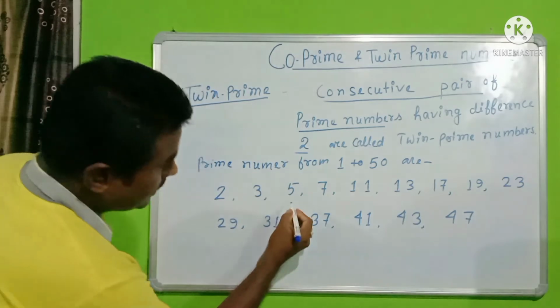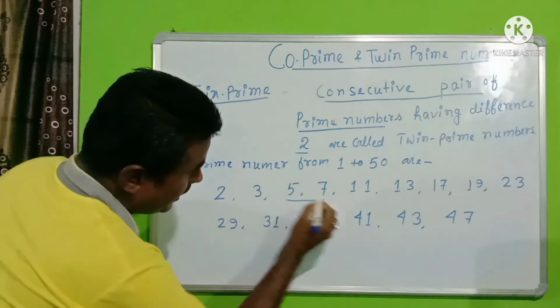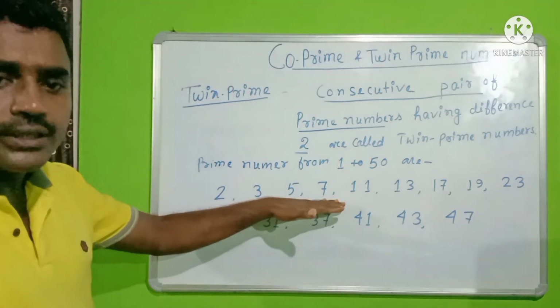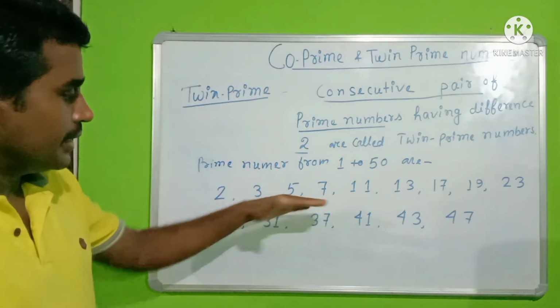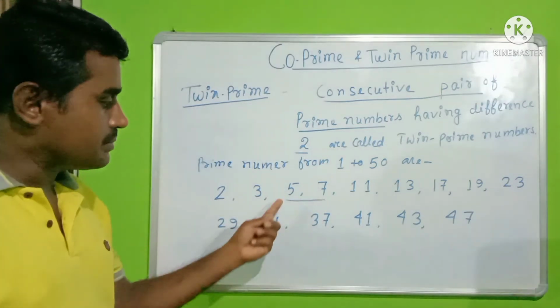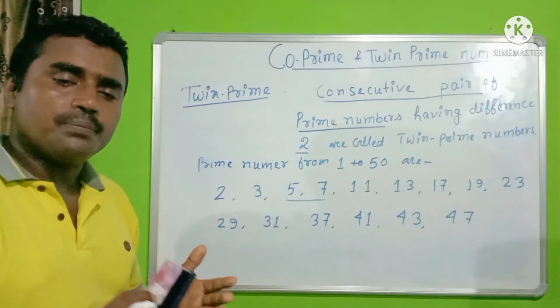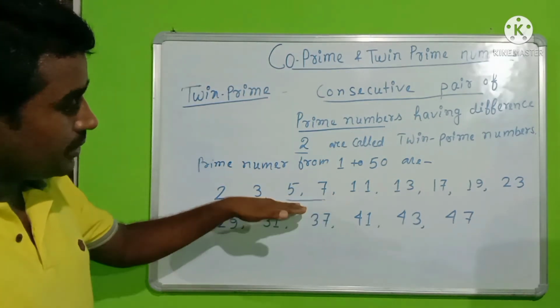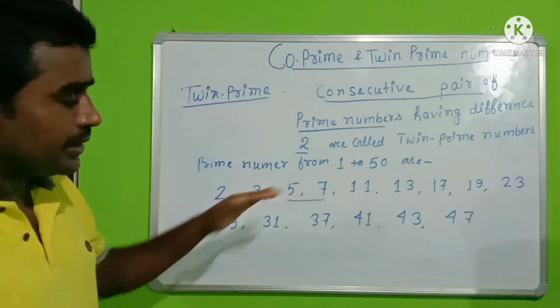You observe 5 and 7. 5 and 7 are a consecutive pair of prime numbers. There is no prime number between 5 and 7. That means 5 and 7 are a consecutive pair of prime numbers. Second, find the difference between them. What is the difference? 7 minus 5?